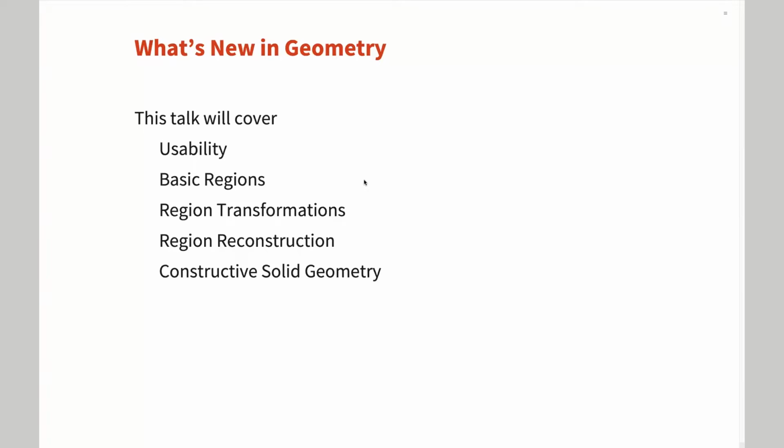On the analytics side, I will talk about region transformations and end up with the two main key features for this release, which are region reconstruction, or surface reconstruction in that specific case, and constructive solid geometry, which is the new modeling scheme we are adding to the language.